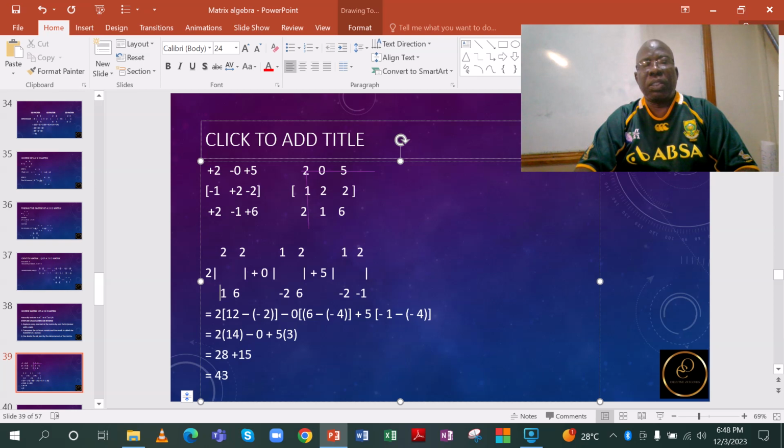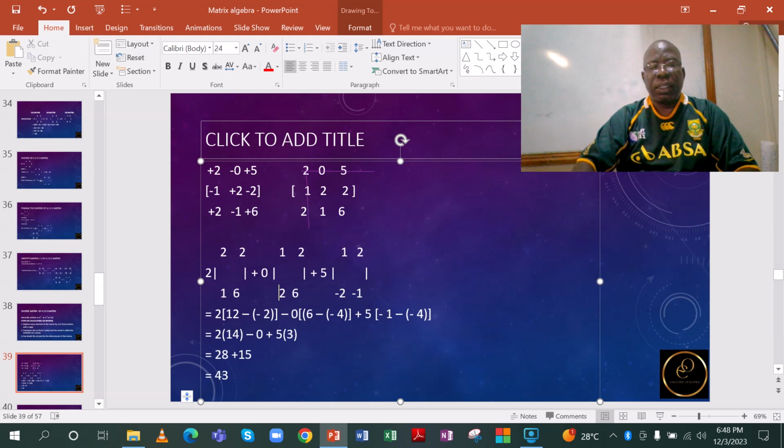For 0, you cross out its row and column, and you're going to have 1, 2, 2, 6.